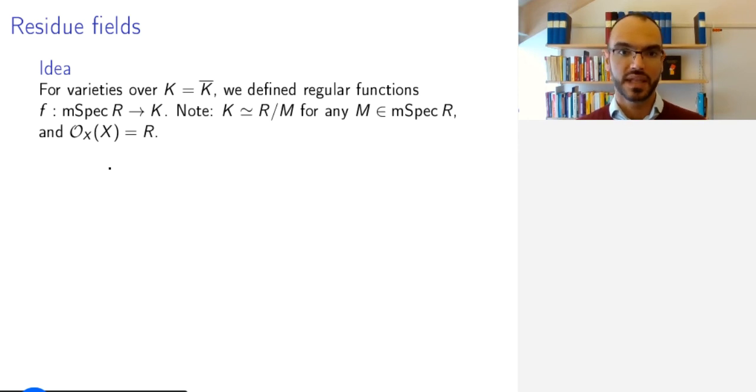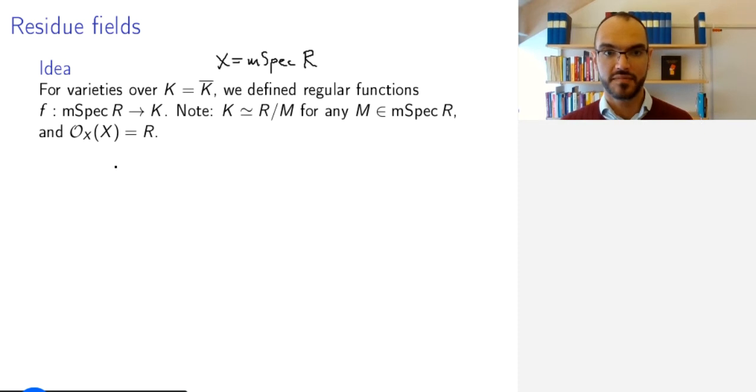Also, the global functions on X, so here we have X equals MSpec of R, consist of the elements of the ring itself. This was this duality between rings and varieties. So we might want to do the same thing here. We might want to identify as our field to which the functions will send elements such quotient rings. But now our ideals are not maximal, they are prime, so we need to take fields of fractions.